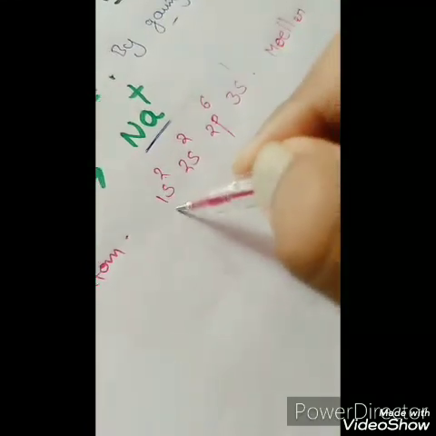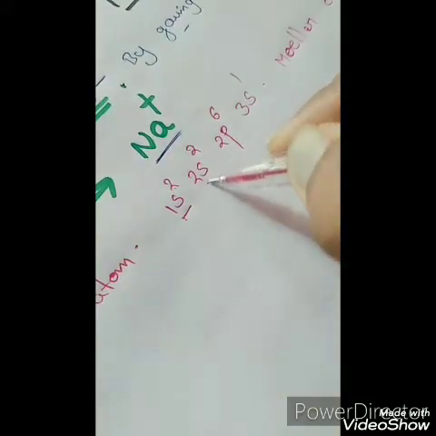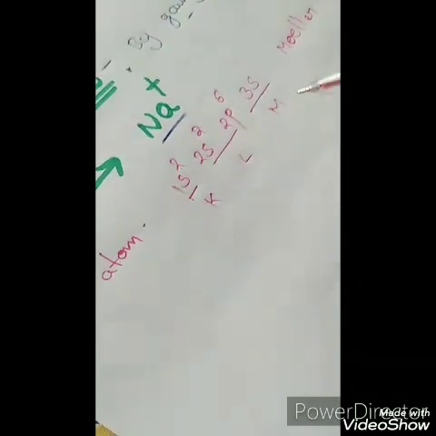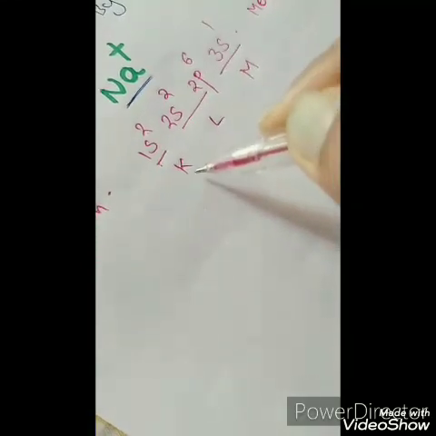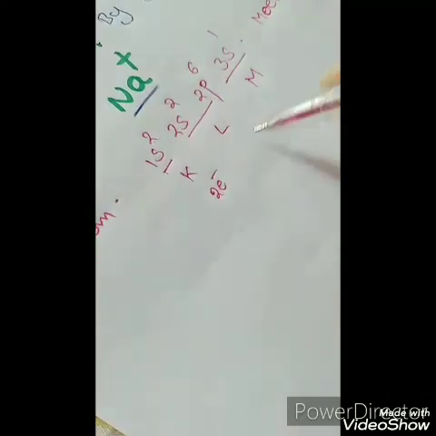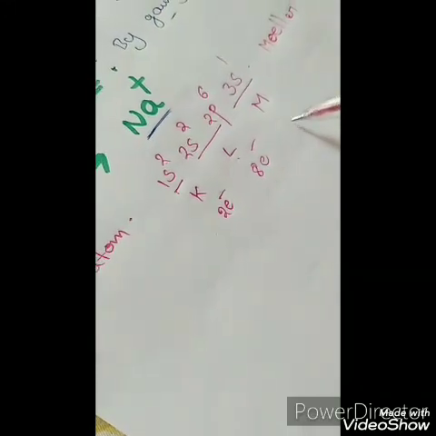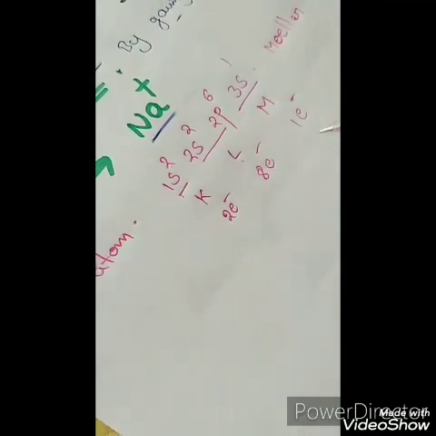So, if you segregate this configuration shell-wise, K shell, L shell, M shell, that means K shell contains 2 electrons, L shell contains 8 electrons, and M shell contains only 1 electron.